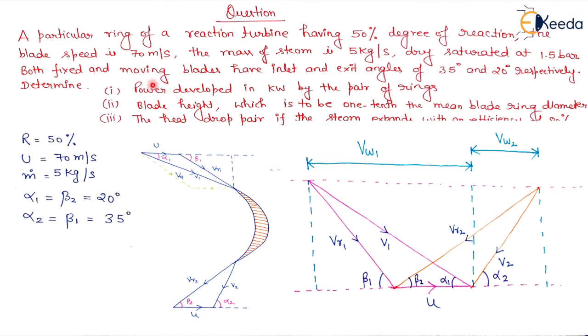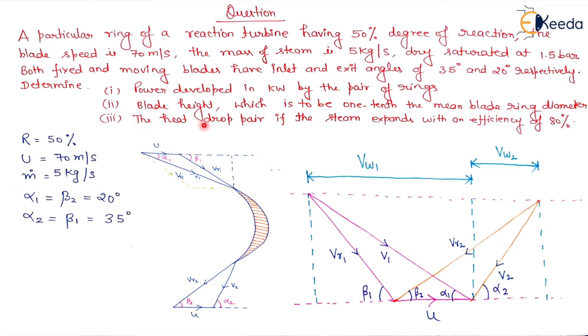Both fixed and moving blade have inlet and exit angle of 35 degree and 20 degree respectively. Determine power developed in kilowatt by the pair of rings, blade height, which is to be 1/10 the mean blade ring diameter, and the heat drop per pair if the steam expands with an efficiency of 80%.